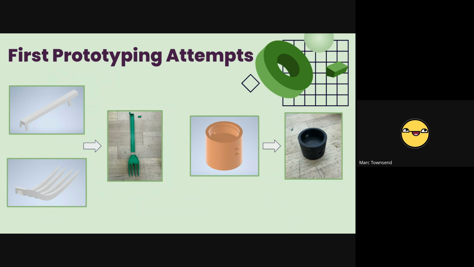So our first attempt at prototyping was our initial design for the fork. We did experience a lot of difficulty though, because as you can see right here, this has had 3 of the 4 prongs broken off. When we printed them, the print wasn't very strong and it caused them to break along those axes.